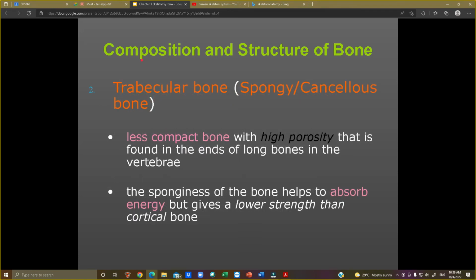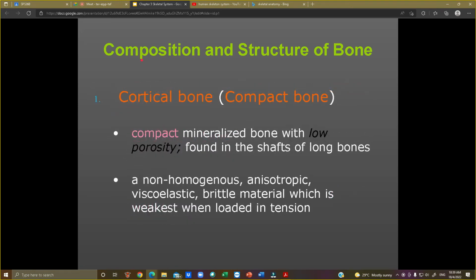Trabecula, spongy. Sometimes you are going to see the term cancellous. Maksud dia high porosity. Cortical, low porosity. Trabecula, high porosity. Porosity, lubang-lubang.